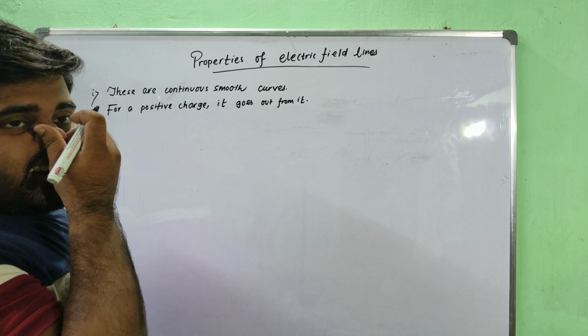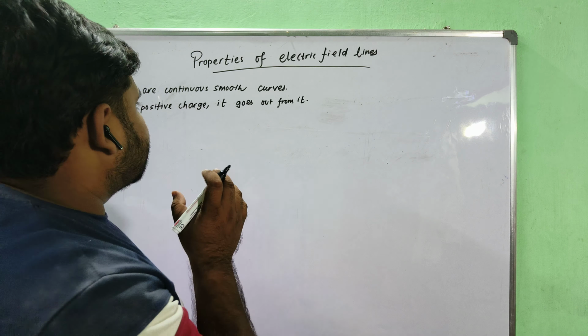There is a better term that will explain this. Just listen, I am going to explain it first and then write the sentence. For a positive charge, the electric field line goes out from the positive charge.